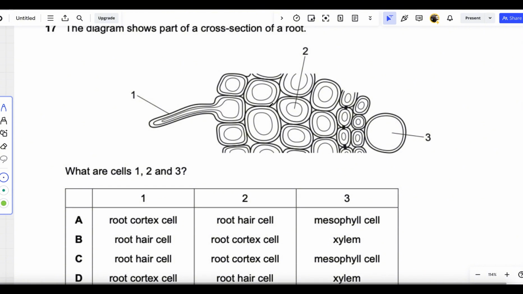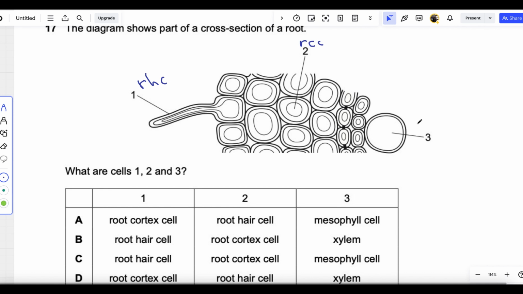Okay, I already mentioned 1. 1 is a root hair cell. Okay, so I'll just write arrow, root hair cell. 2 might be the root cortex cell, not root hair cell. Okay, root cortex, arrow CC. This one, root hair cell, arrow AC.